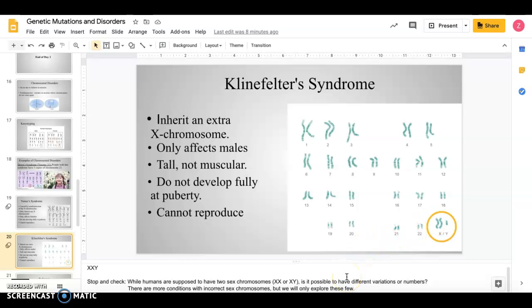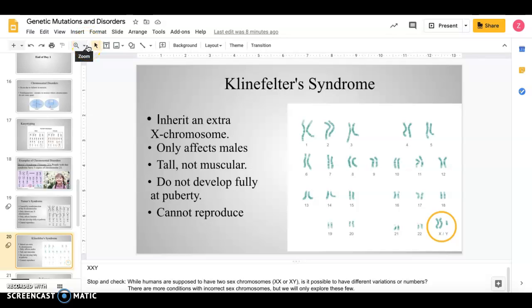Now, let's stop and check. While humans are supposed to have two sex chromosomes, either XX in females or XY in males, is it possible to have different variations or numbers? Yes.